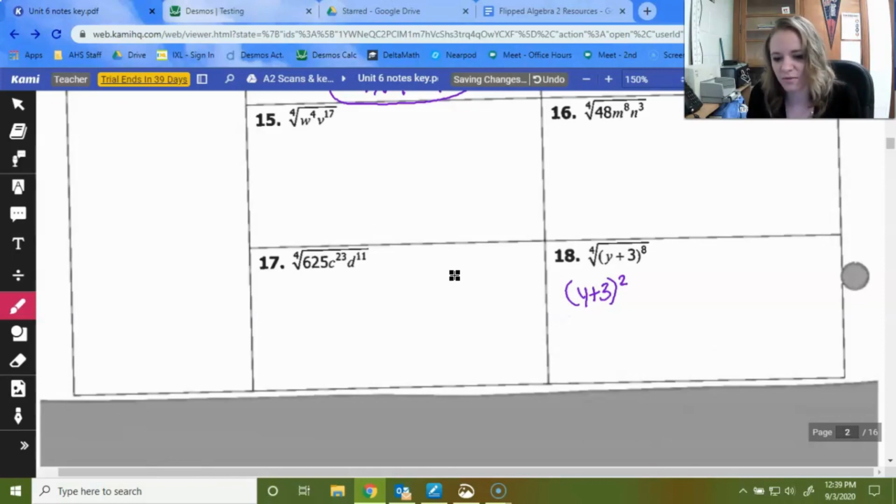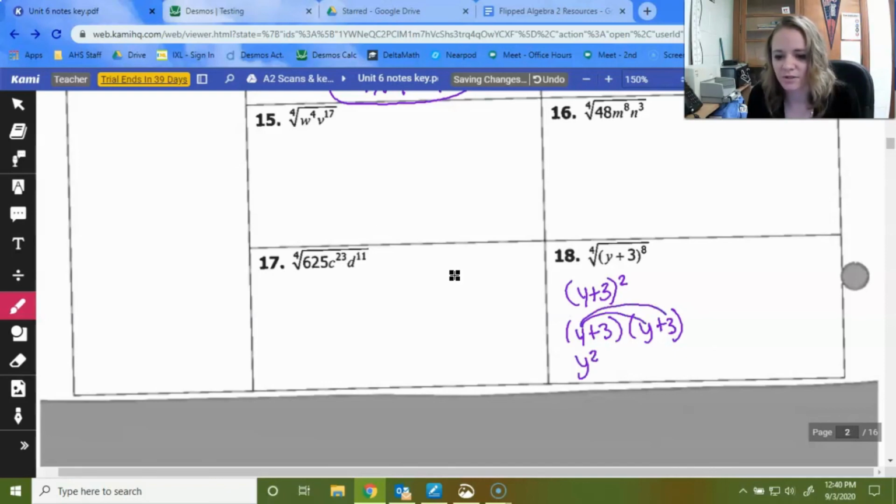You also could keep going and FOIL. There are some cases. Remember that y plus 3 squared is the same thing as this. It'll kind of depend on the directions. But just in case the answer doesn't look like this, then that means you've got to keep going, if it's like a multiple choice question. So we'll go ahead and FOIL. Remember, FOIL first times both of those. So y times y is y squared.